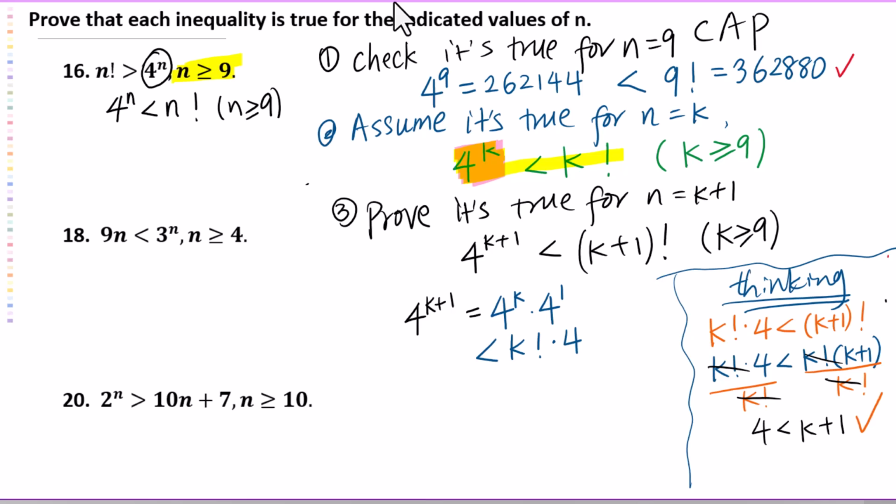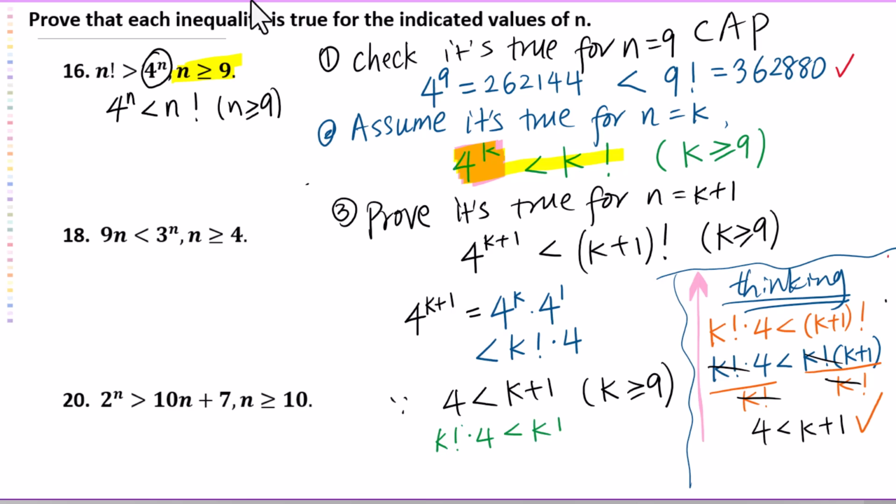Then you need to write down this inequality from bottom to the top, because 4 less than k plus 1, we are given k greater than or equal to 9. Backwards, so we times k factorial both sides. K factorial times 4 less than k factorial times k plus 1.